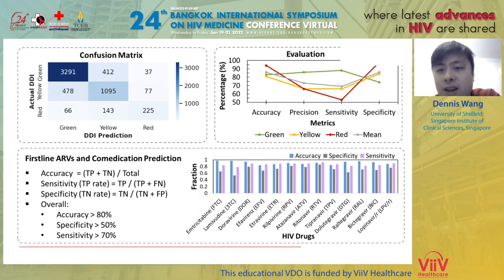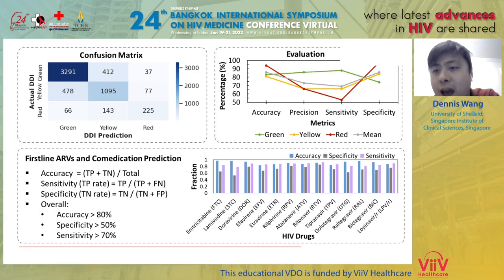And as you can see, the performance is not always consistent, right? So for different labels, you might do better, and for some classes of drug-drug interactions you might actually do worse. Okay, and it depends also on how many of that class you have in your training data set.